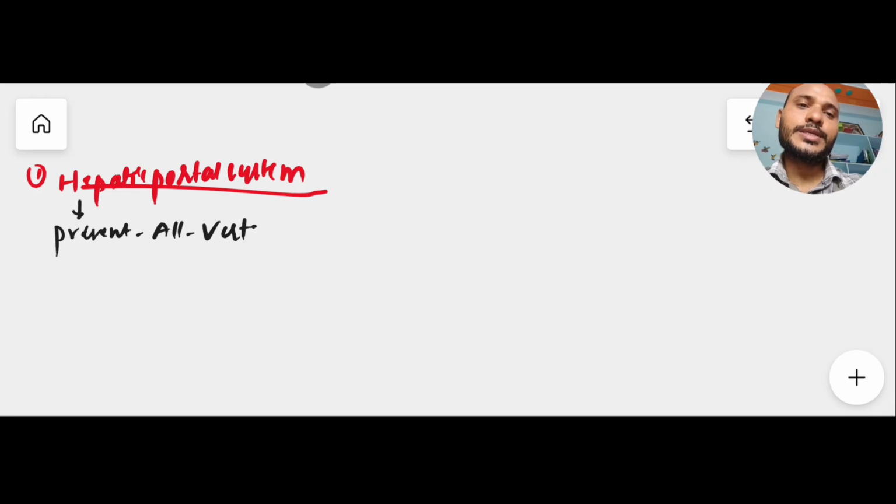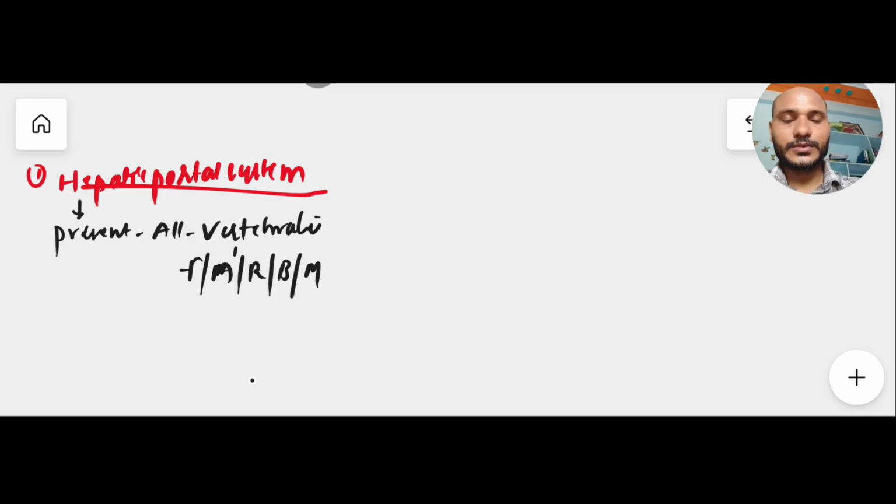All vertebrates, animals like fishes, amphibians, reptiles, birds, and mammals. All types of vertebrates contain this type of portal system, that is hepatic portal system. So here the main target organ in hepatic portal system is what? Liver.